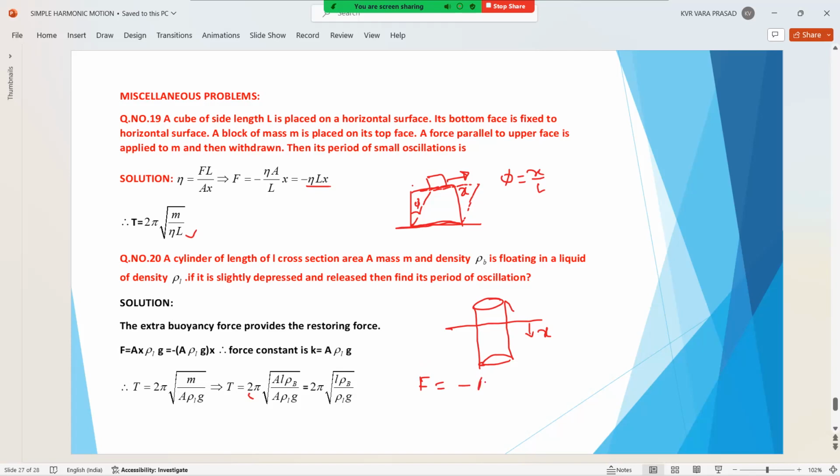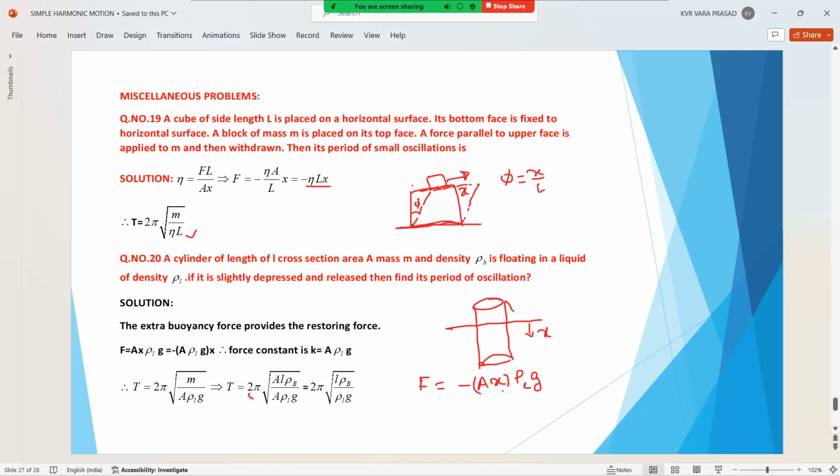The extra volume is A into x. That volume into density of liquid into g is the extra buoyancy force, which provides the restoring force.